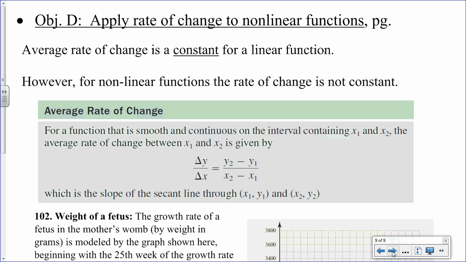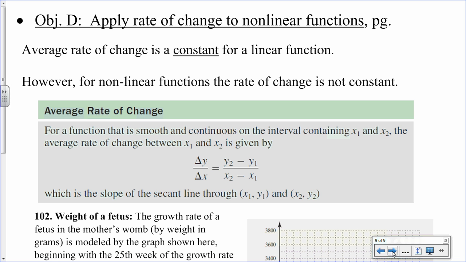However, if it's nonlinear, then your rate of change is not constant. There are parts of the graph that are steeper than other parts, or sometimes the slope is positive, sometimes it's negative. So it differs.